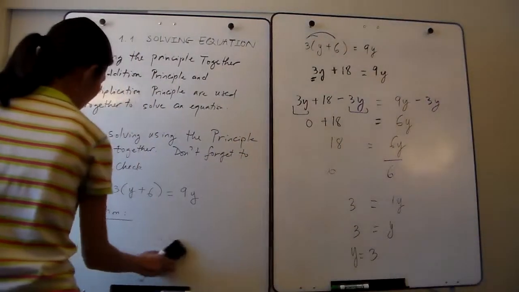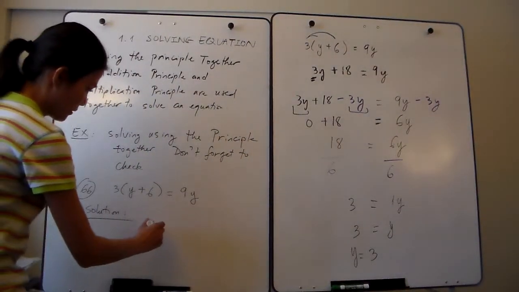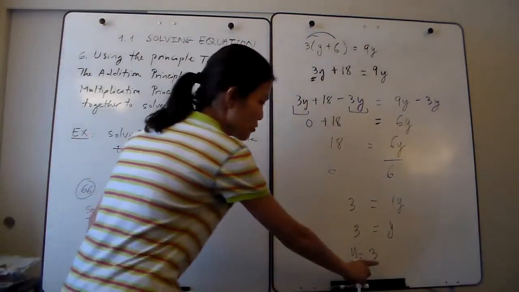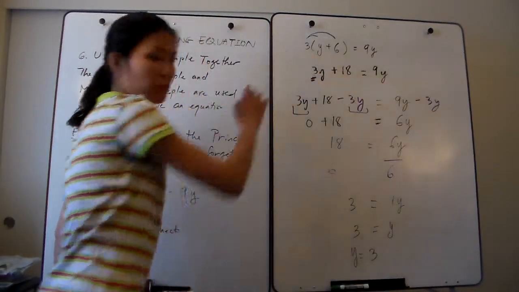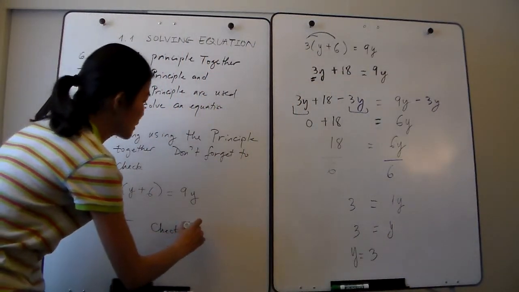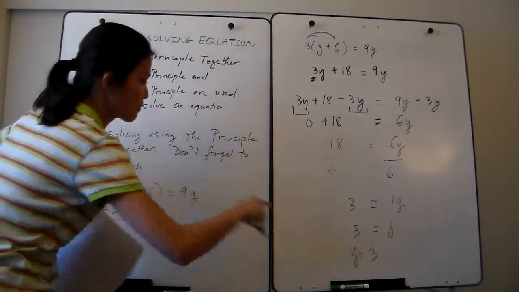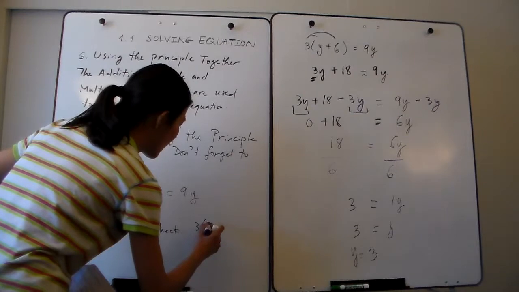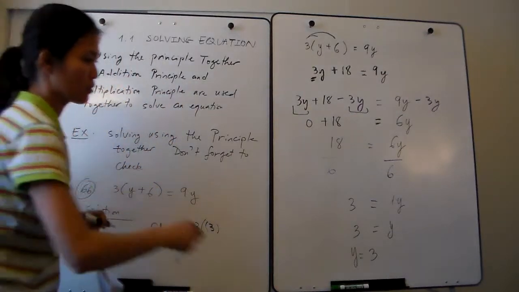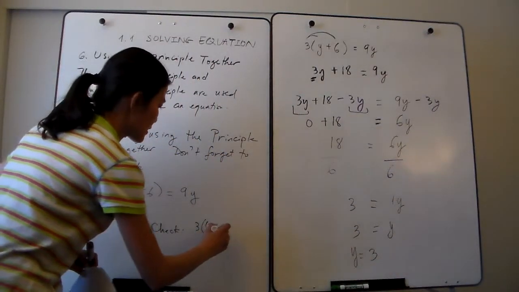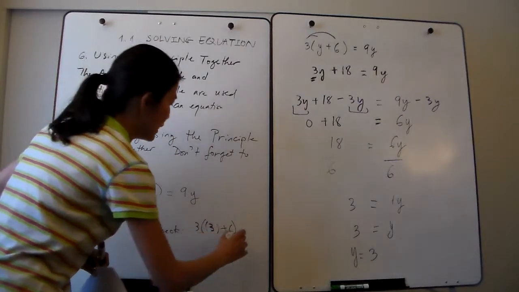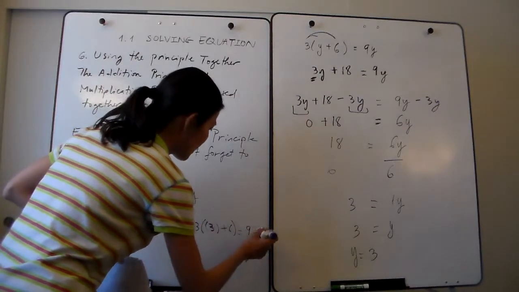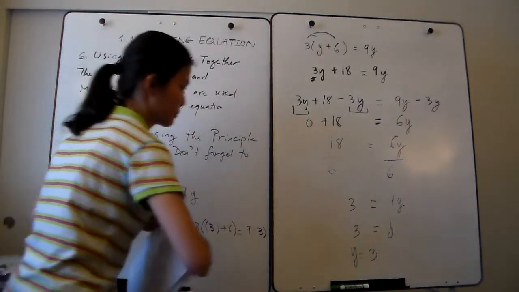So let me do the check over here. We follow the same procedure. Substitute 3 into the original equation: 3 times (3, which is the solution, plus 6) equal 9 times 3, which is the solution right here.